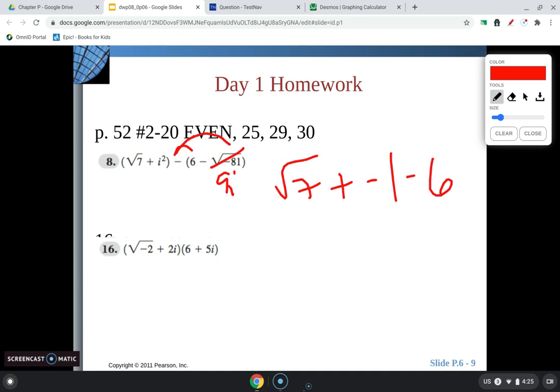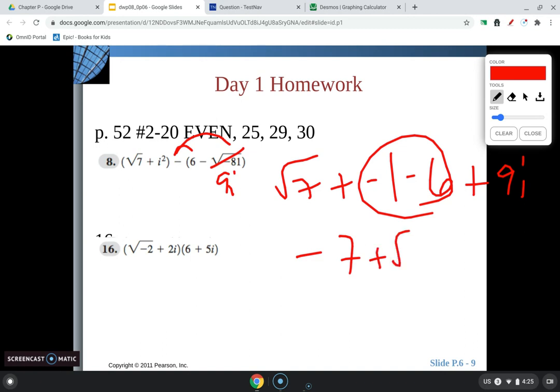So negative times a negative 9i would be plus 9i. Well, those two added together is negative 7 plus root 7 plus 9i. That's your real part. Can't really do anything more with that. This is your imaginary part.